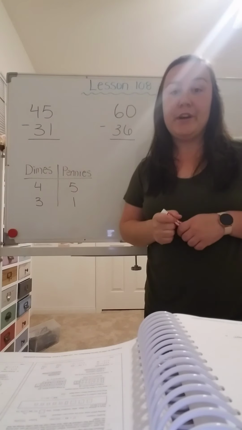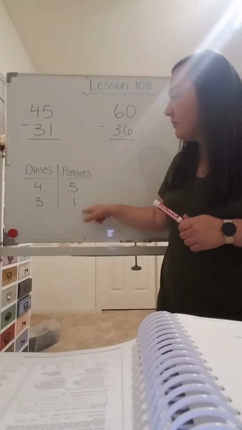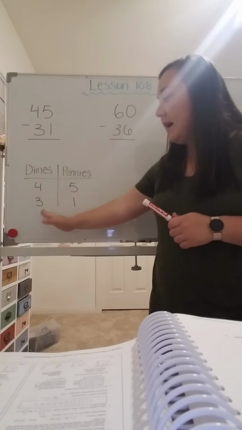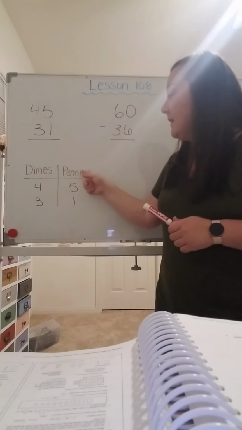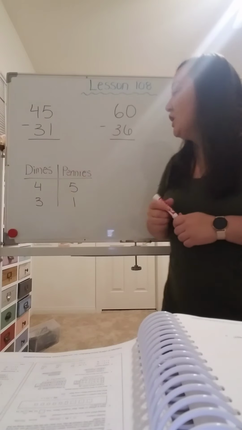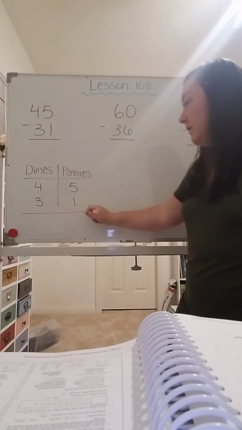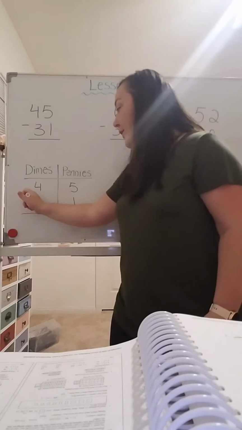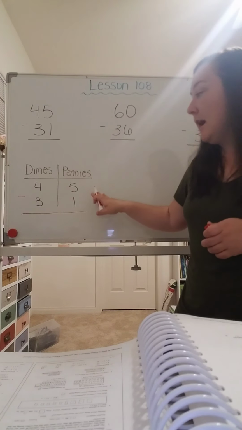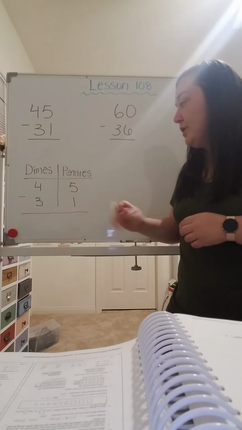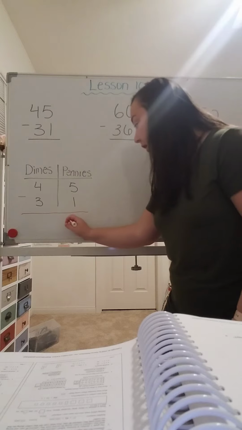We'll start with a very simple problem that you probably know how to do already: 45 minus 31. We know that the 4 and the 3 are dimes, and this side is pennies. On the pennies side, we do 5 pennies minus 1, which is 4.